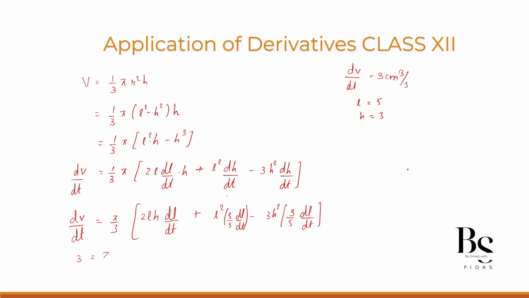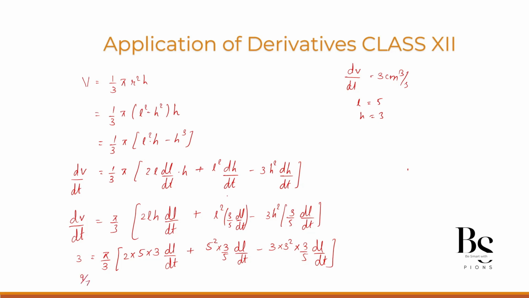So dV by dt is how much? 3 equals pi by 3 times 2 into L 5, h 3 dL by dt, minus L square, 5 square, 3 by 5 dL by dt, plus 3h square, 3 square, 3 by 5 dL by dt. Let's simplify.